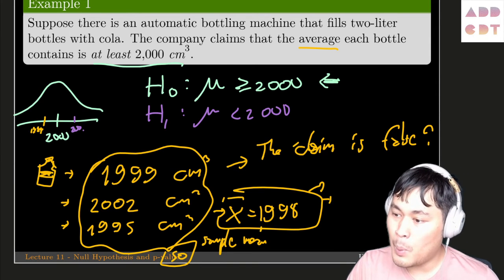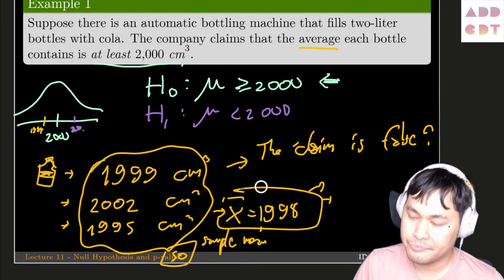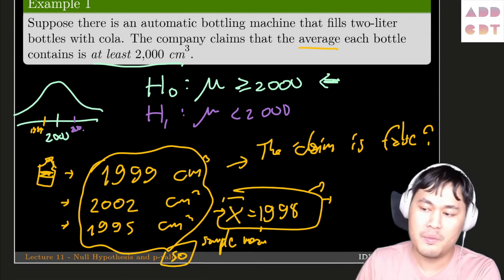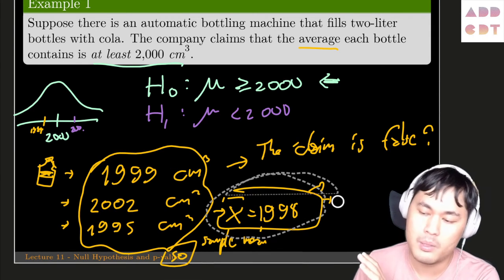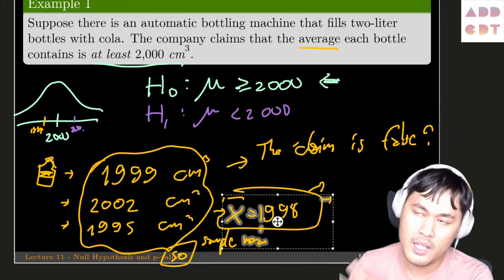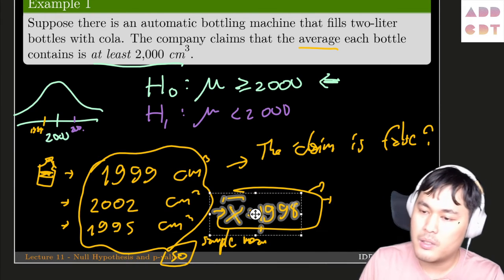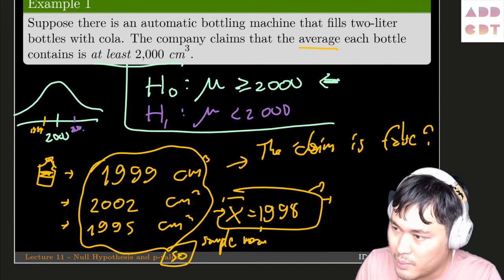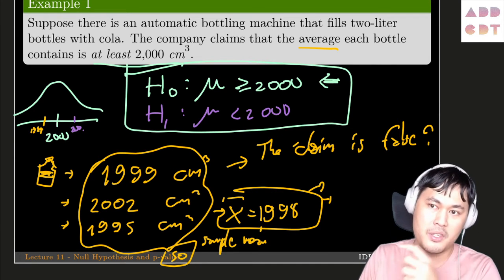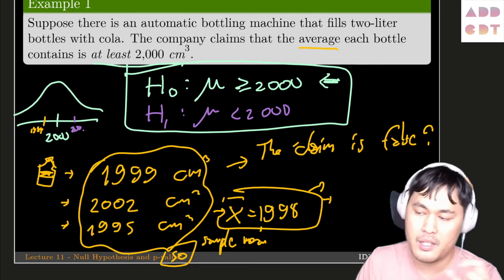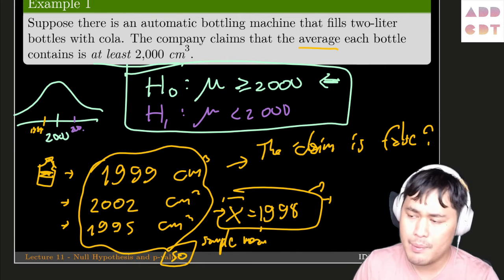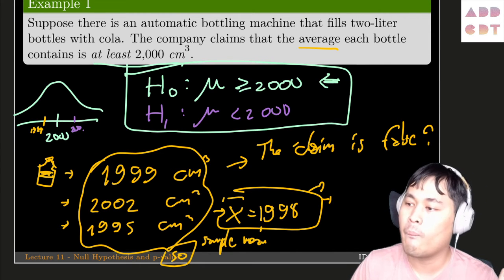And so before we get the sample mean, starting from this hypothesis, we have to say to ourselves that we have to have a decision policy.